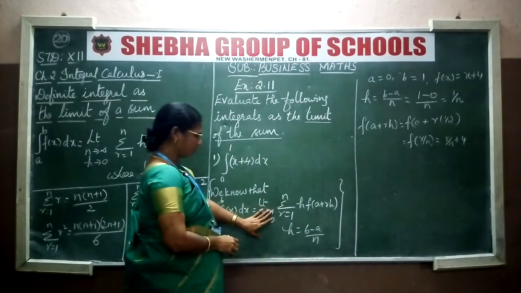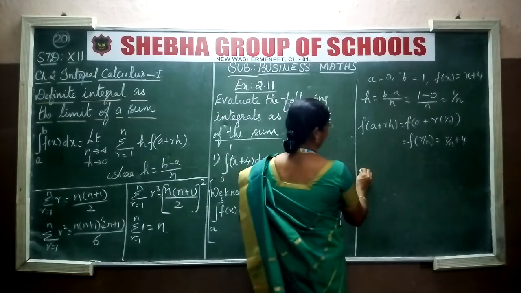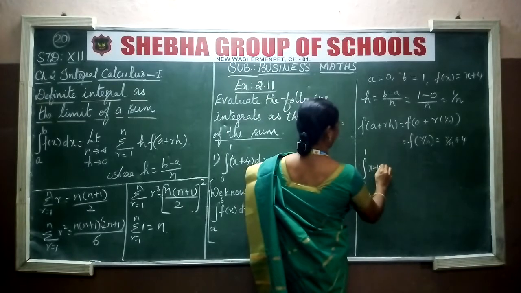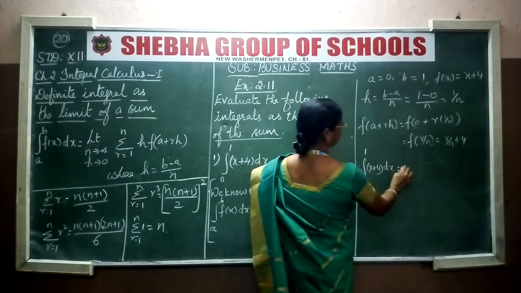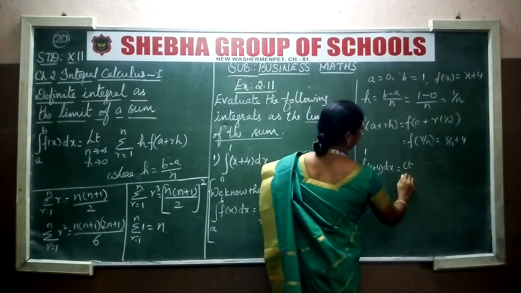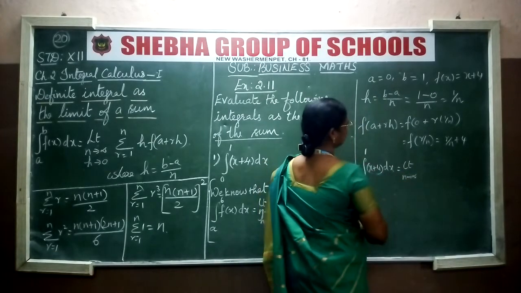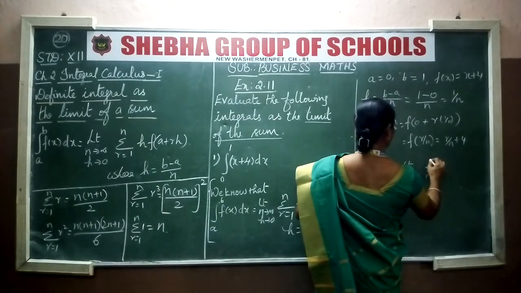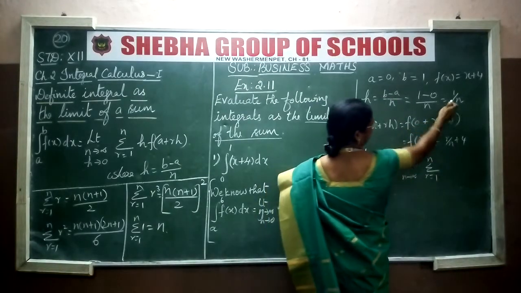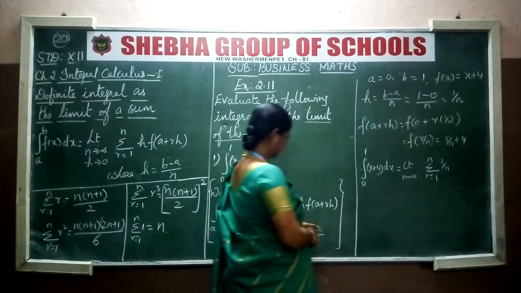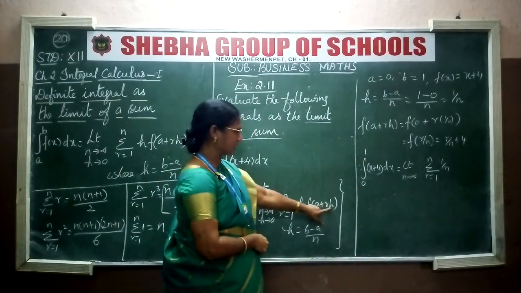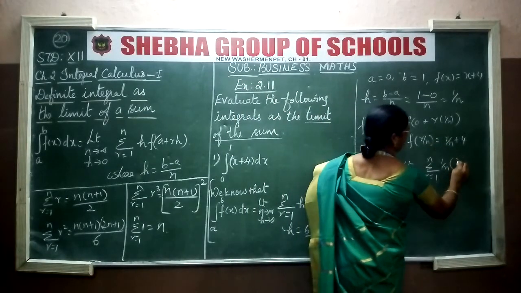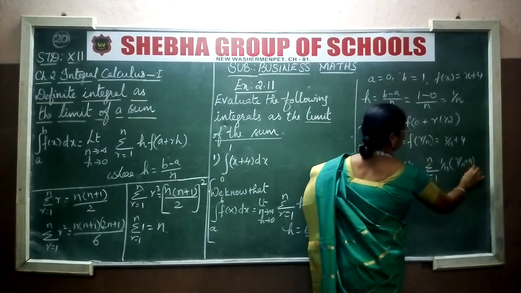Substituting all in this formula, we get, therefore, integral 0 to 1 x plus 4 into dx becomes first limit n tends to infinity, sigma r equal to 1 to n, h is 1 by n, and f of a plus rh is r by n plus 4.